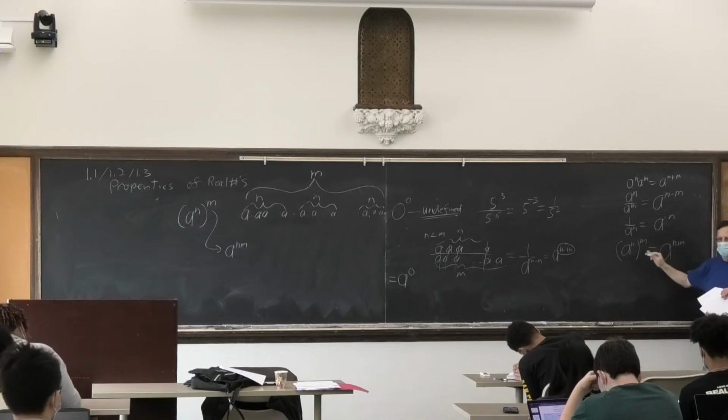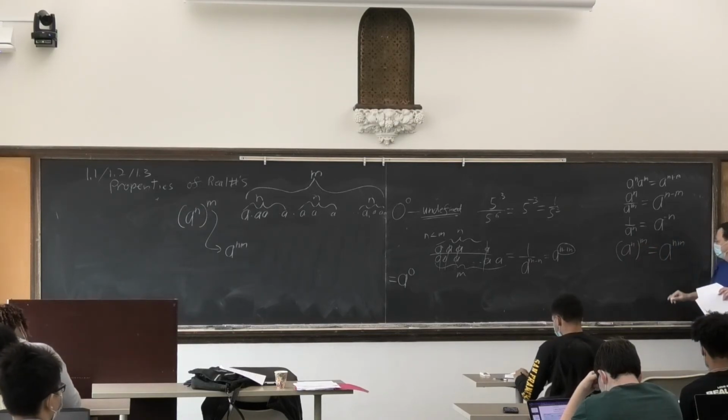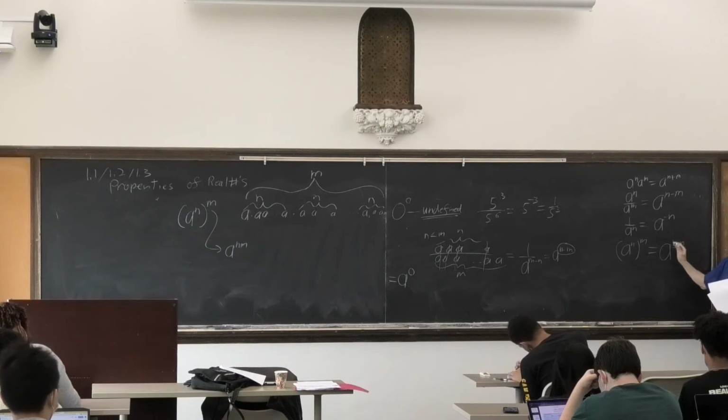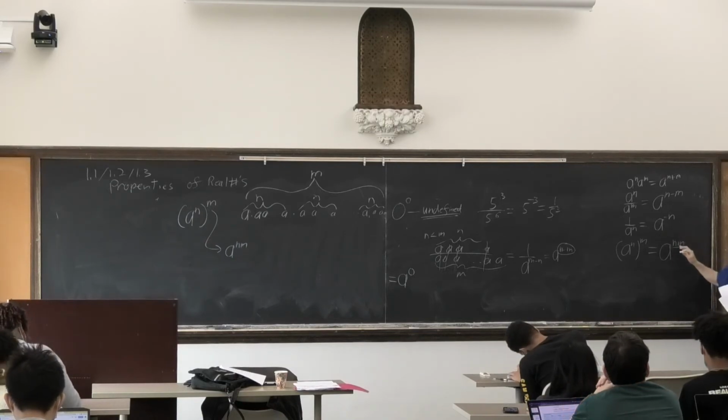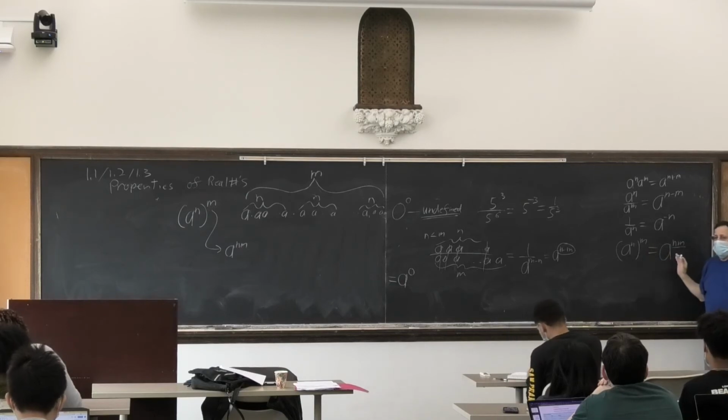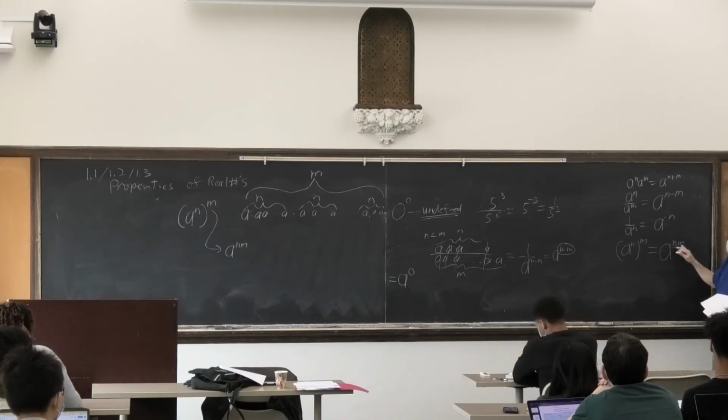This is a really useful rule because if you have a to the n times m, you can break n and m up however you like. If you can factor it into integers, whatever makes doing the calculation easier. As we will see, these don't have to be positive.